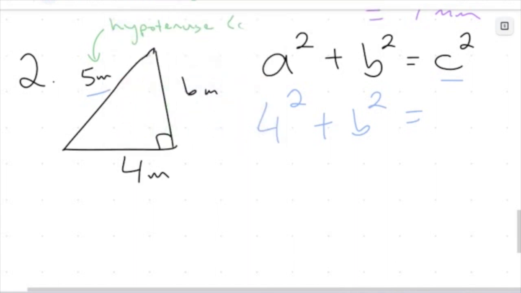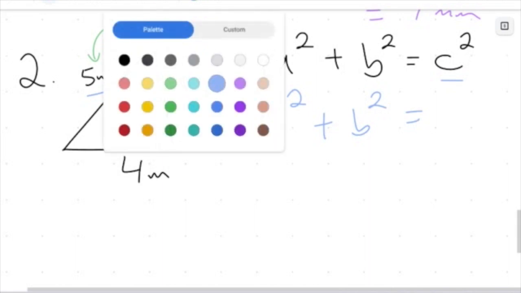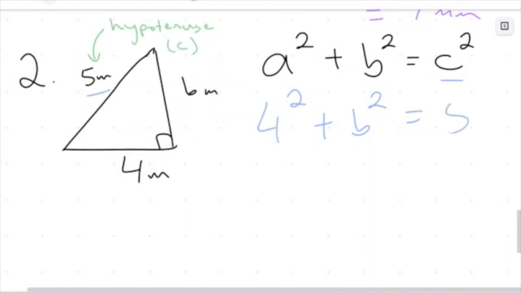So that's c here. When we label our right angle triangles a, b, and c, c is always the hypotenuse. So this 5, I'm going to pop on the right-hand side here, 5 squared. Okay, now that I have this, let's just fill in these values. 4 squared is 16. b squared, well, b is what I'm solving for, so I'm leaving this, equals 25.